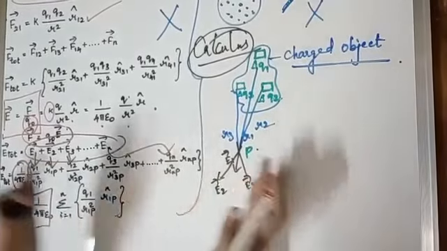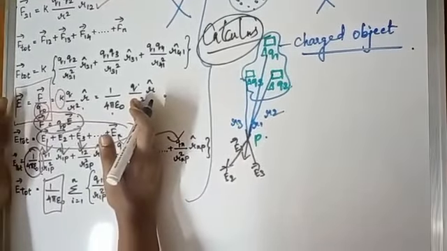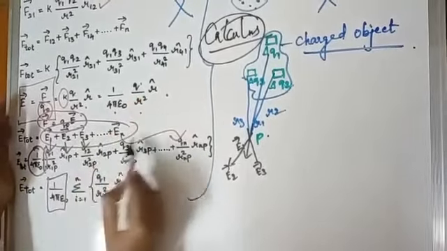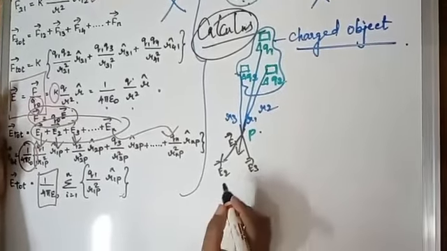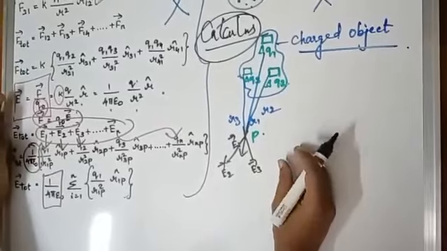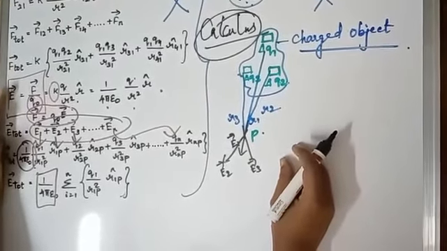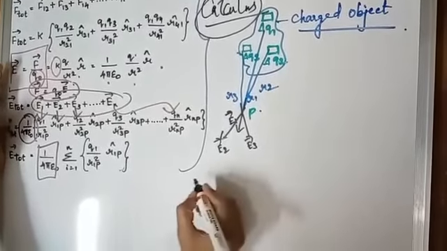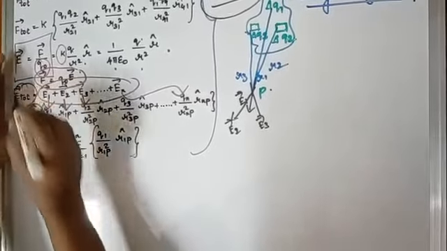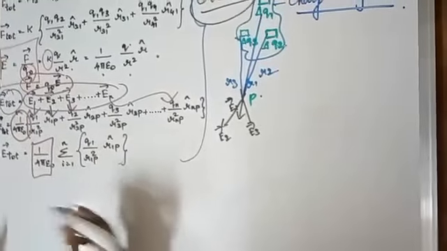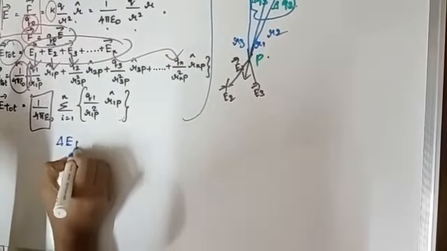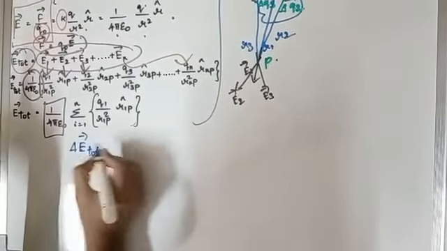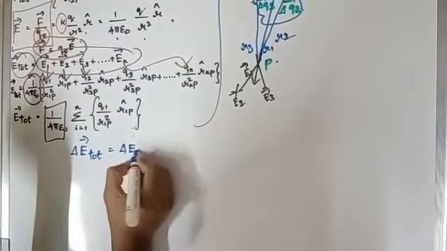Now, same as we have seen in the discrete charges, we are going to substitute the same values here, but not as discrete elements, but as a continuous charge distribution. For example, here we have taken E as total, but here we are going to take del E total vector is equal to del E1 vector.